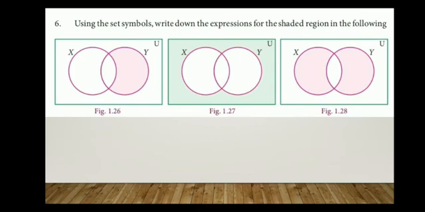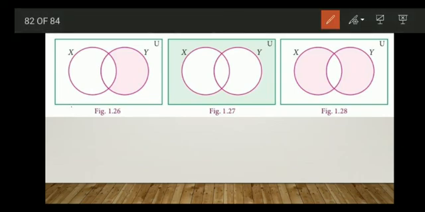Using set symbols, write down the expression for the shaded region in the following. So here they have given three figures. We have to write them using set symbols. So consider this figure. Here we have two sets X and Y. The region of Y is shaded and the common region is not shaded.